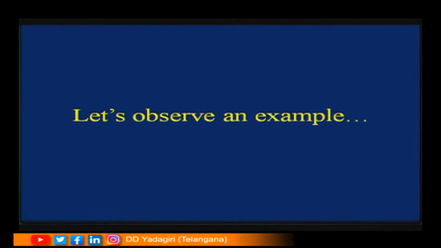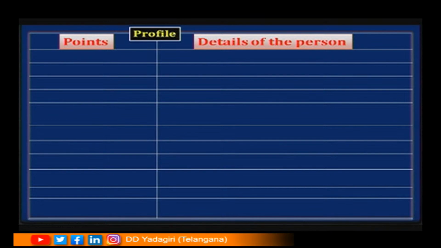Let us observe an example of a profile in a tabular form. It is a table that is drawn, where the points to be covered are on the left side and the details of the person are written on the right side.